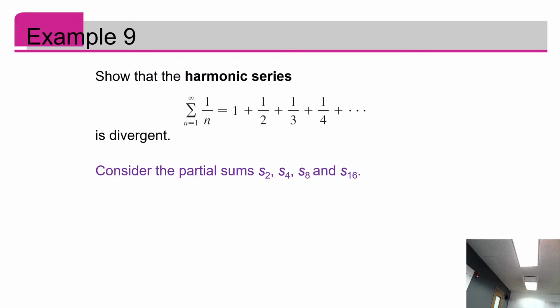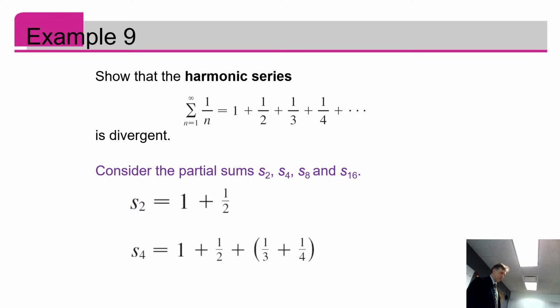I'm going to compute partial sums. That is, I'll start with this one, just 1 and 1/2. A partial sum is just what you get when you stop adding up after a particular point. So we start with this one, 1 plus 1/2. That's not too bad. I can do that in my head, but I'm not going to. The next one I'm going to compare this with is S sub 4, which is 1 plus 1/2 plus 1/3 plus 1/4.